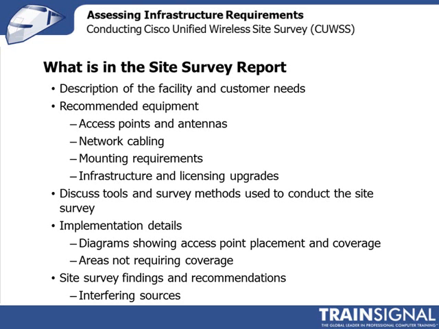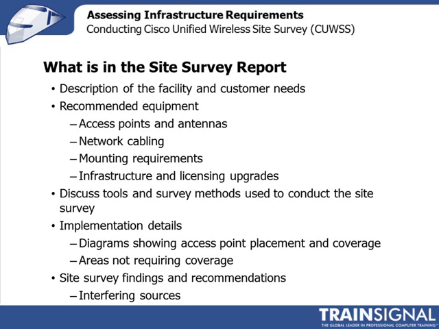So you've collected that right at the beginning and just stated here, is this a voice network, is it a data network, etc. Then you want to put in the recommended equipment, and you want to be as detailed as you can. You want to talk about what the access point equipment is and where they should be located. You want to talk about the antennas that you're using, and if you're using external antennas, which direction should they be placed in.